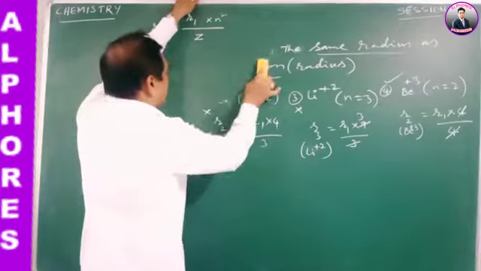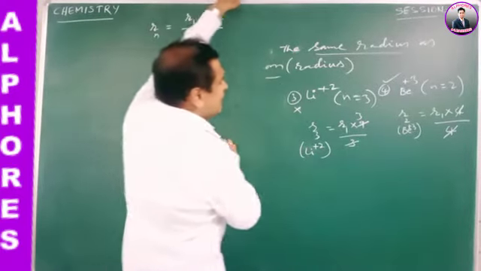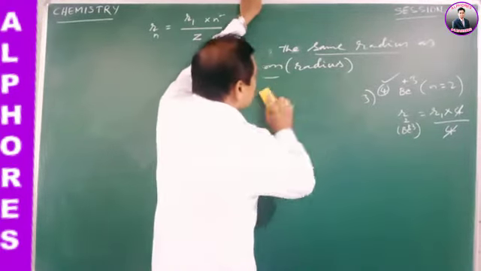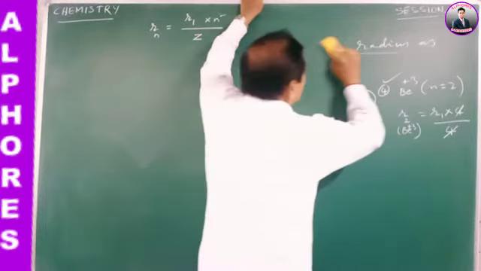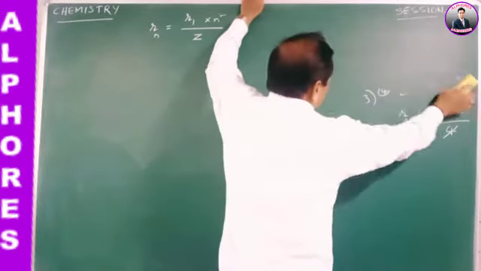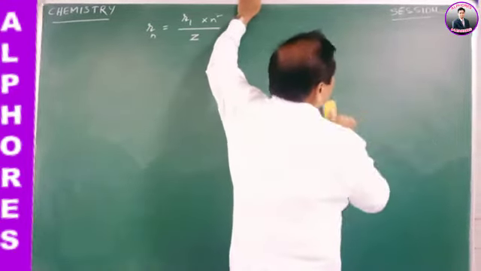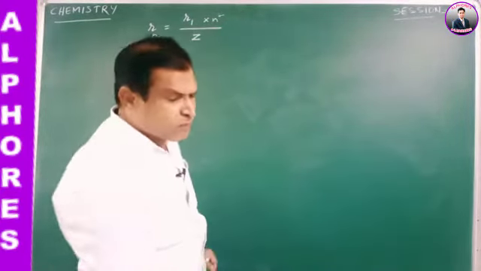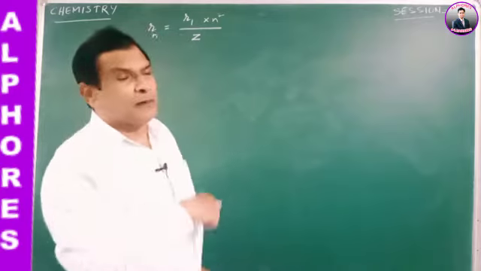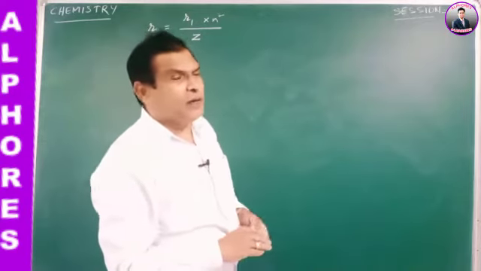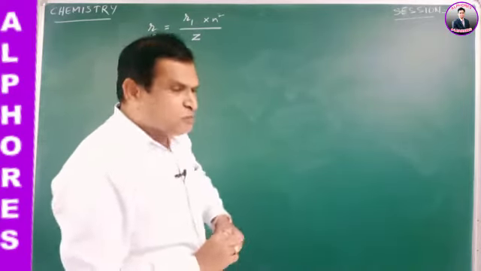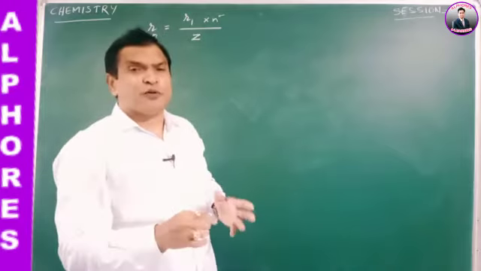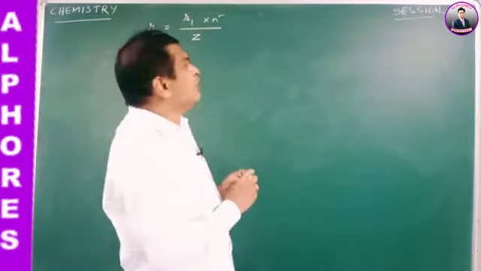Hydrogen spectra. Bohr's theory explains the spectrum of the species containing only one electron.